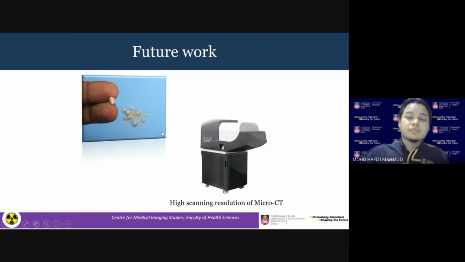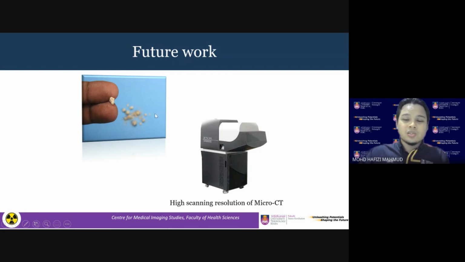Okay. And also for future work, we are planning to validate our result using micro-CT, to look at the heterogeneous and homogeneous structure of the stone component.